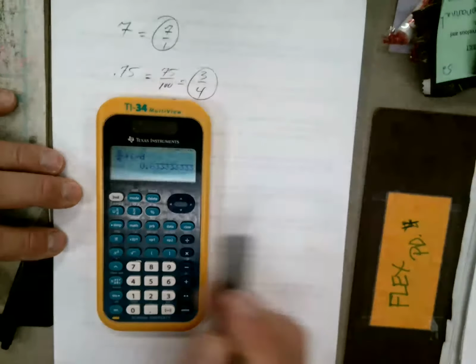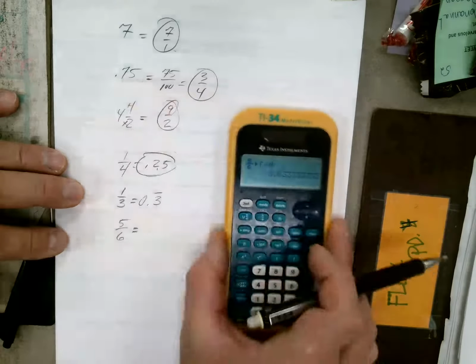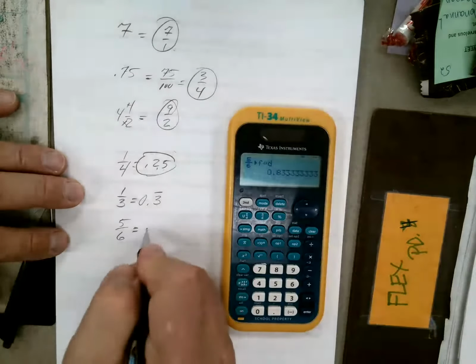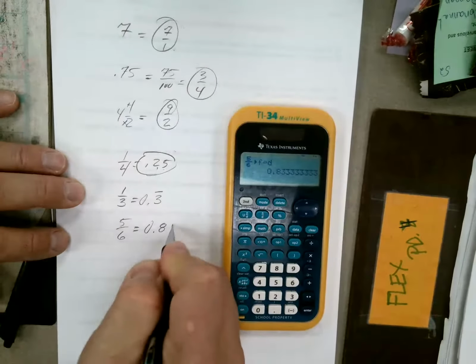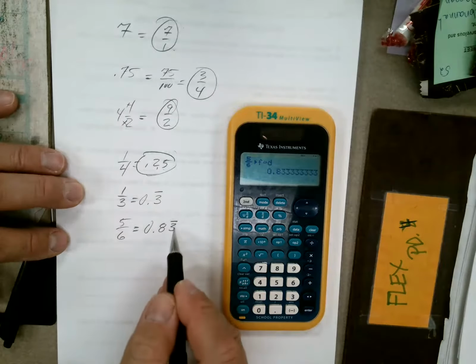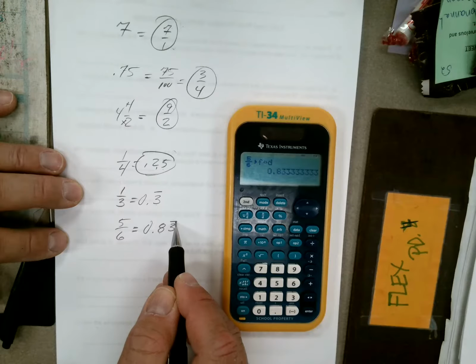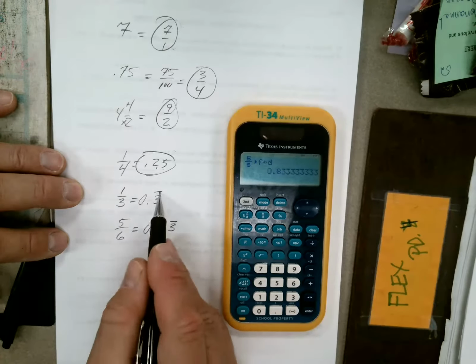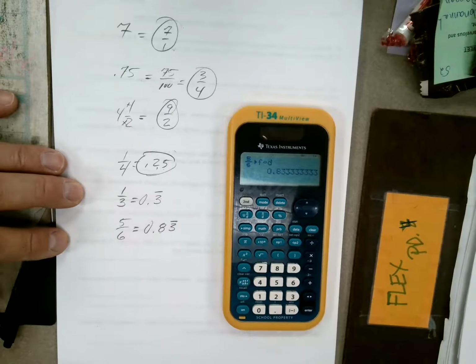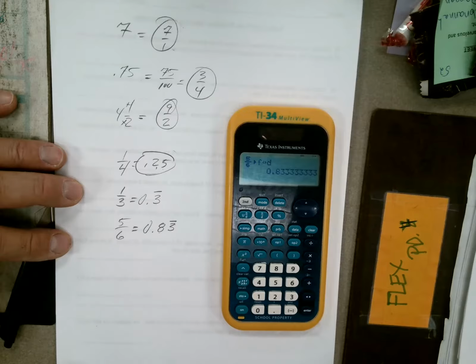You're going to notice 0.8333333 forever. So that is also a rational number, but we want to write that a little bit different with a bar just over the 3, because the 3 is the only digit that repeats here, not the 8. So when we're writing bar notation, the bar only goes over the digit or digits that repeat. And we could run into that scenario as well.